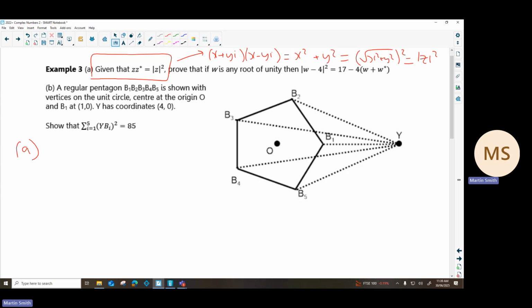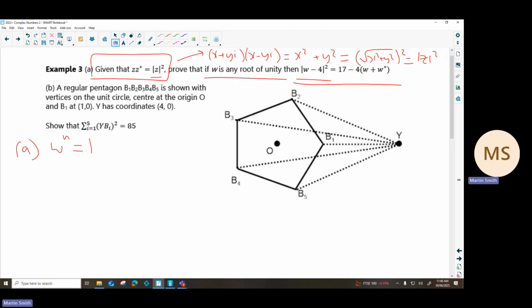We're asked to prove that if W is any root of unity, this statement holds. So W is a root of unity means W is a solution of W to the N is 1, and I'm going to use that at some stage in my argument. We're told this formula for the modulus squared.